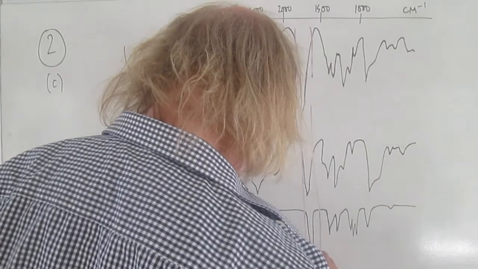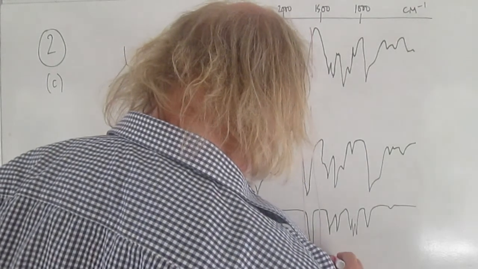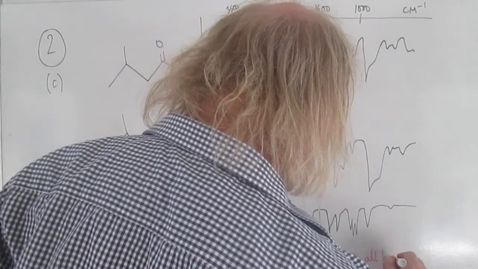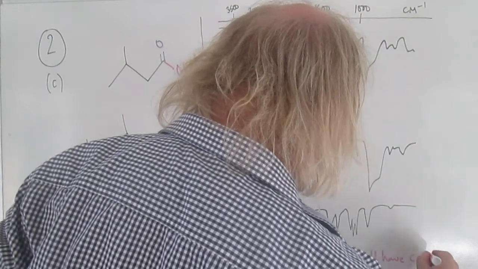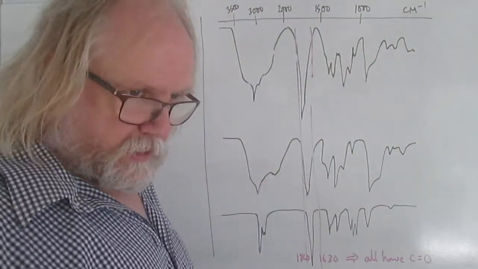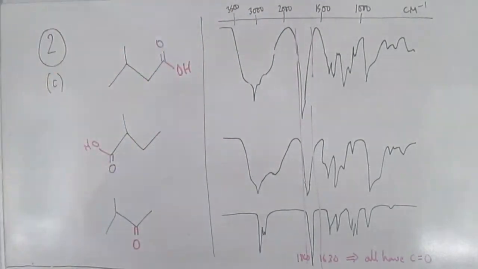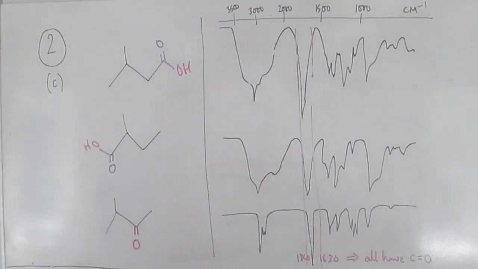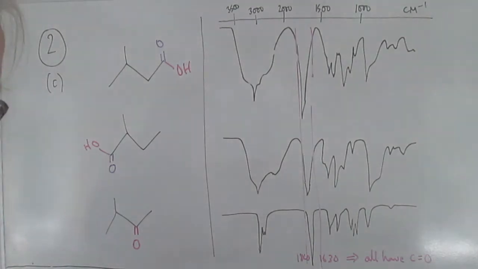Okay, 1820, 1630, and that means that they all have C double bond O as expected. What's more important though is that two of them are carboxylic acids and one of them is a ketone. So we should be able to pick out the ketone because it won't have an OH peak.